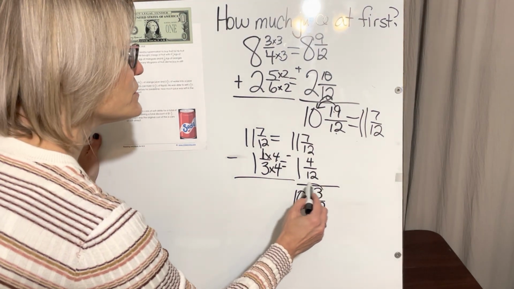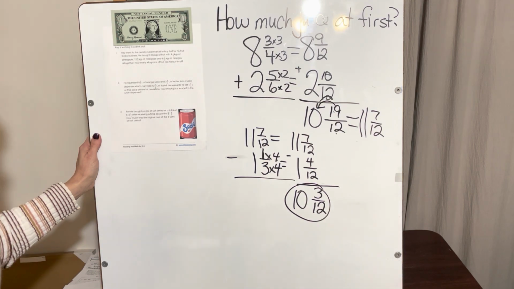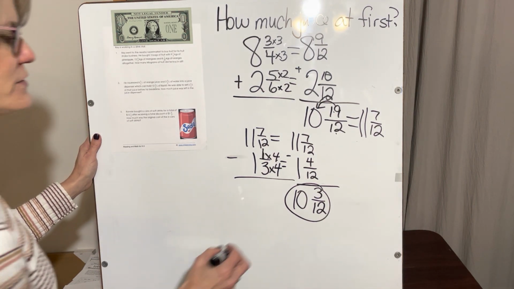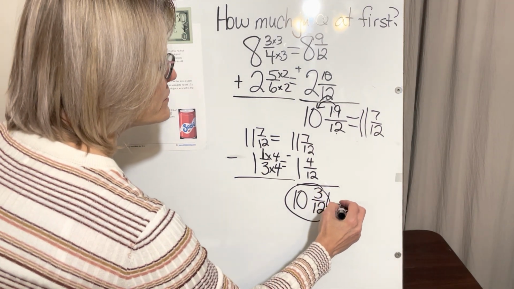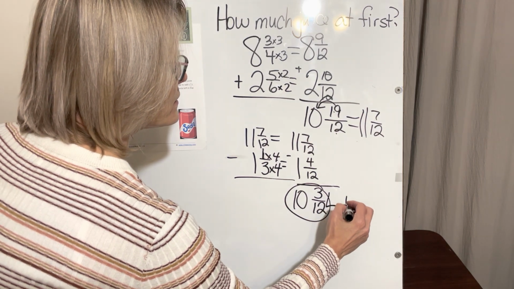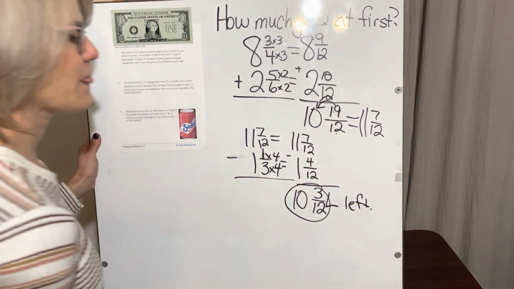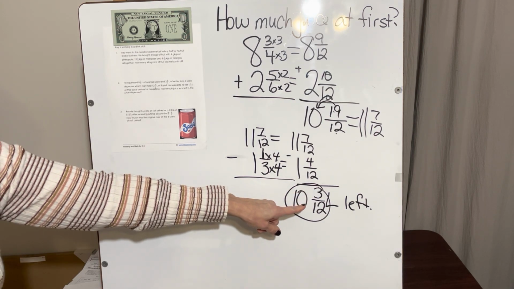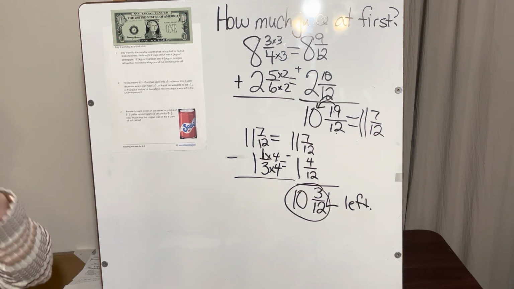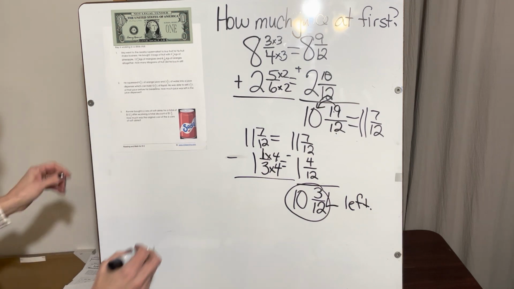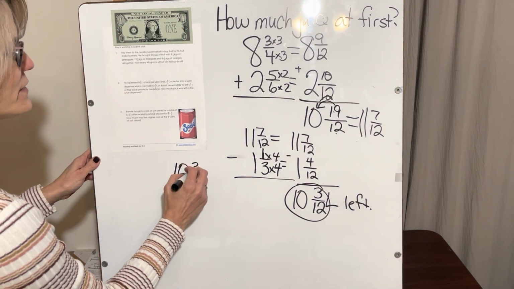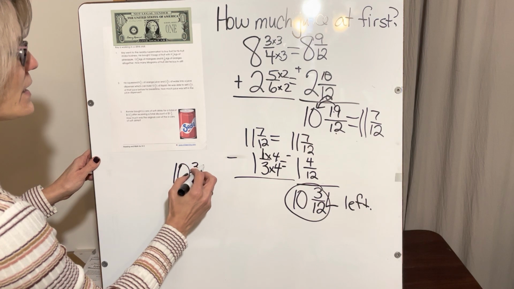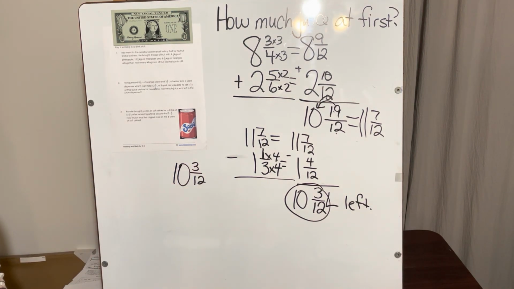Okay, so 10 3/12 liters is what he has left. Now, I'm wondering if you're looking at this and thinking, I can reduce that. So I've got 10 3/12, and I know I can count by 3s and get 12.